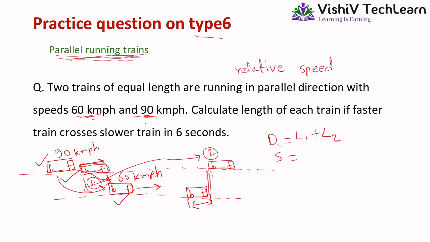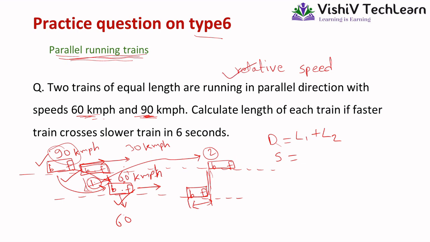Why subtraction? Because if some person is sitting on the slower train and observing the faster train passing nearby, since the slower train has a speed of 60 and the faster train has a speed of 90, this person will observe the faster train running at 30 km per hour, and this is the relative speed.